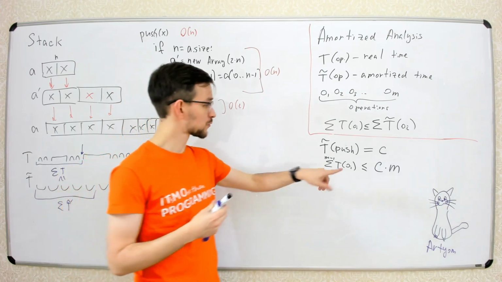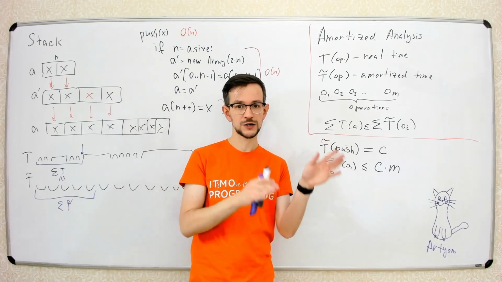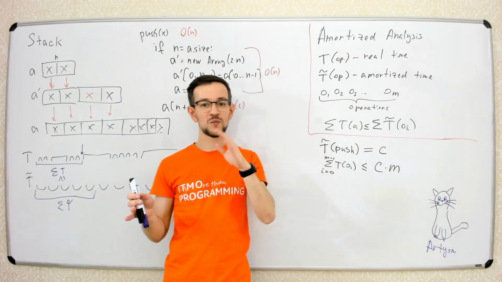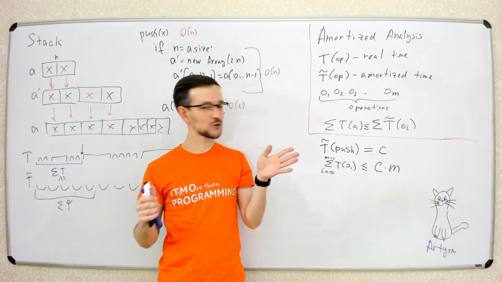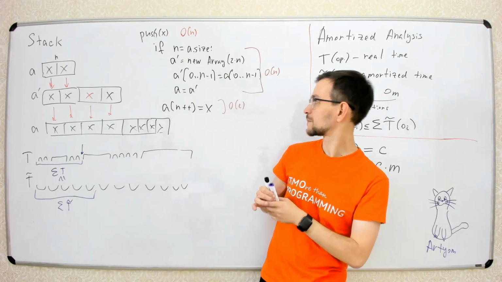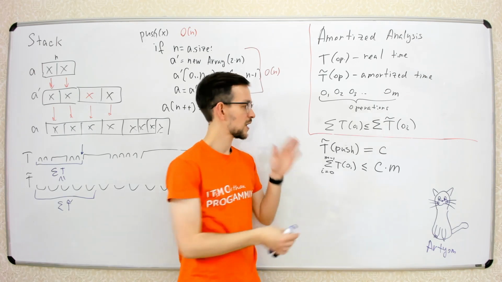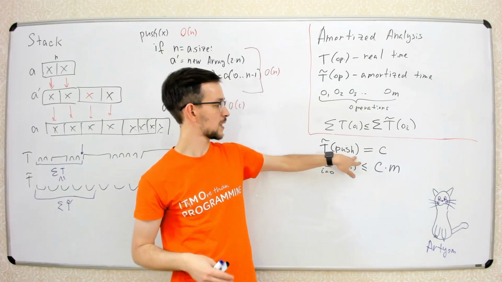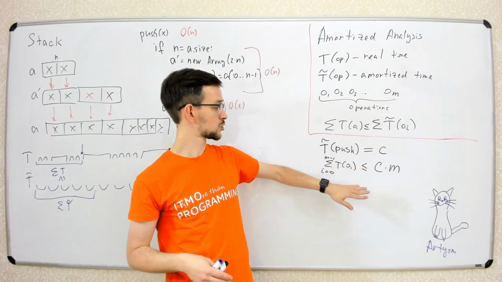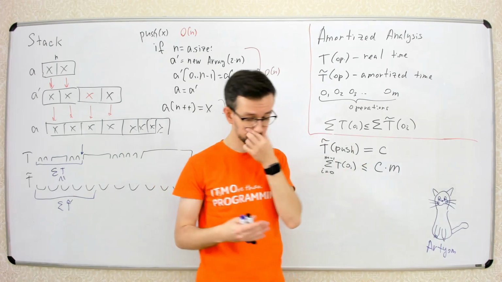That's all. Let's prove this. There are different ways to analyze the amortized cost of data structures. The most naive way to analyze the structure is just by definition. So let's look at our function, use this definition of the amortized cost, and prove that we can assign this constant amortized cost to operation push, so that this sum will be no more than C multiplied by m.